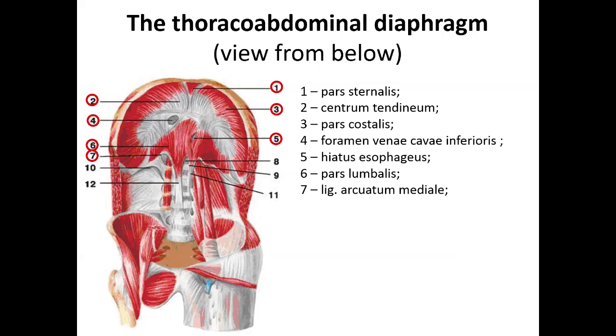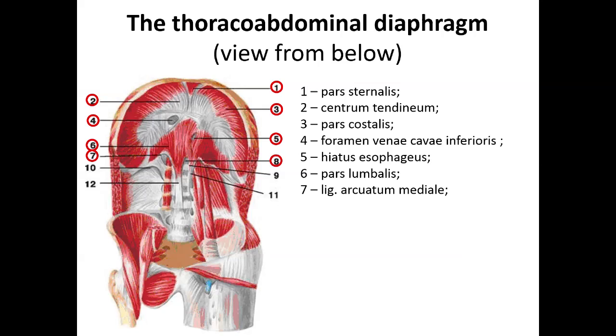So number 7 is ligamentum arcuatum mediale, and you can see here arcus medialis. This is the medial arc which serves for musculus psoas major.